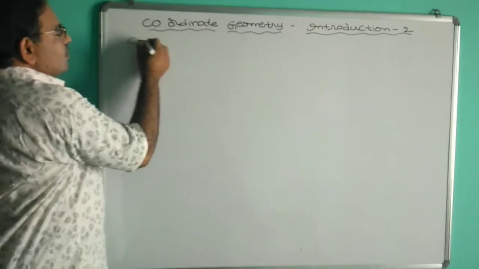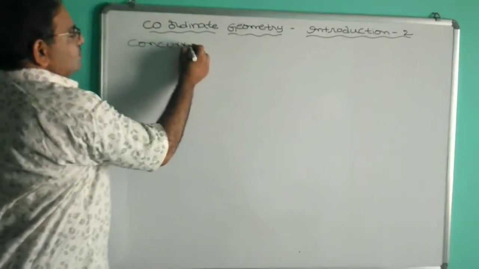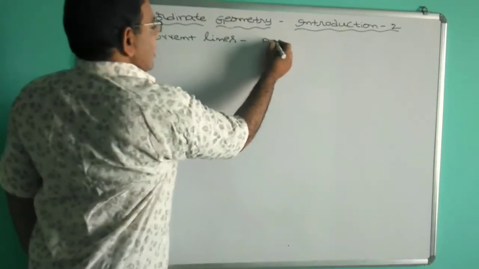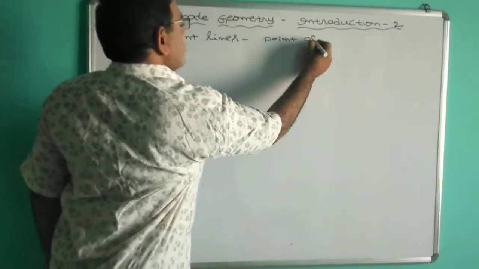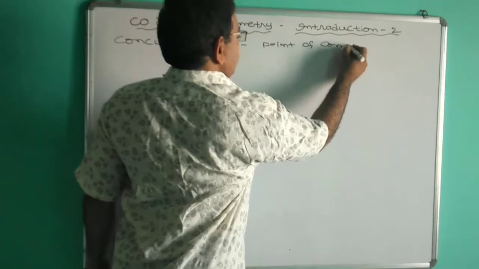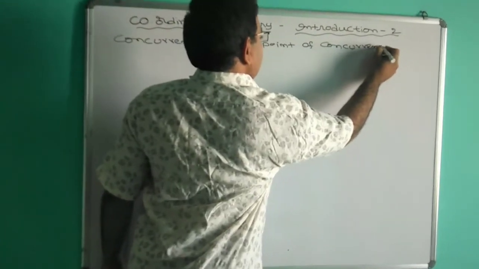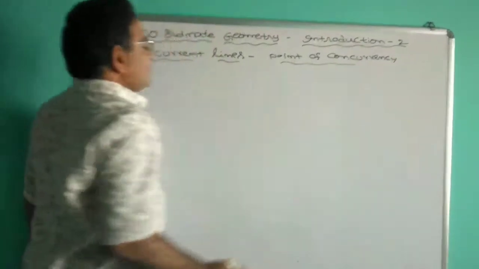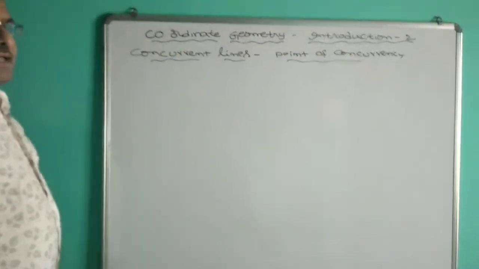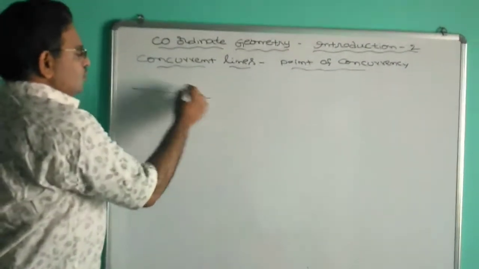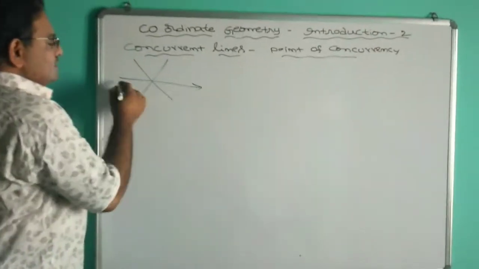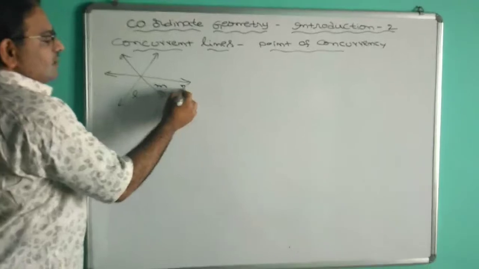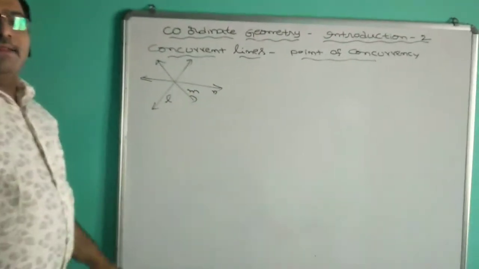Now, one more concept: concurrent lines and point of concurrency. First, understand the meaning of concurrent lines. Two or more lines, say L, M, N are three lines.